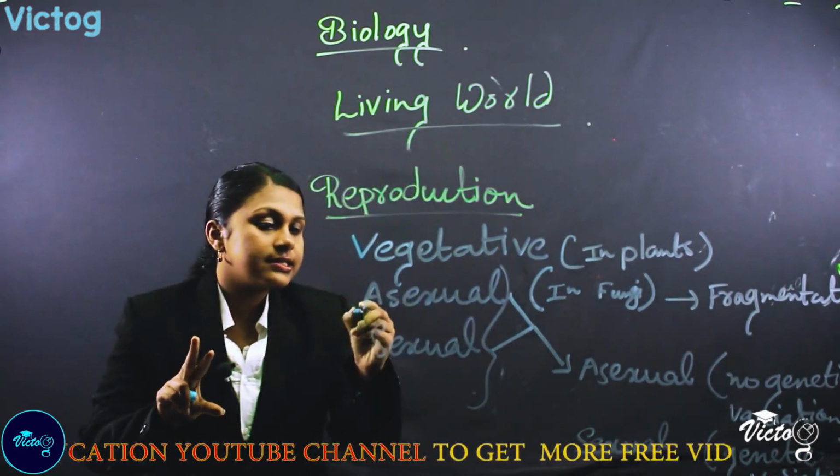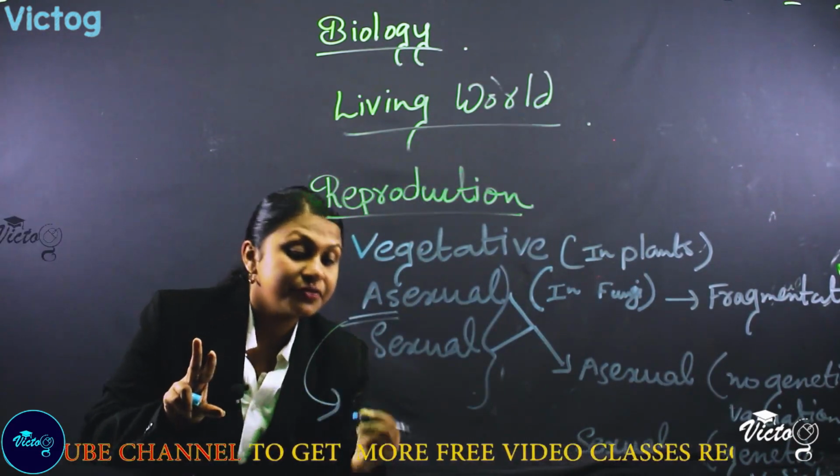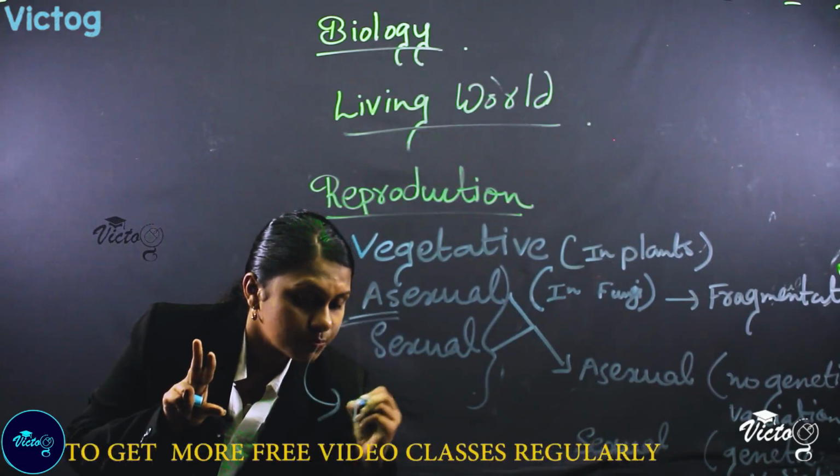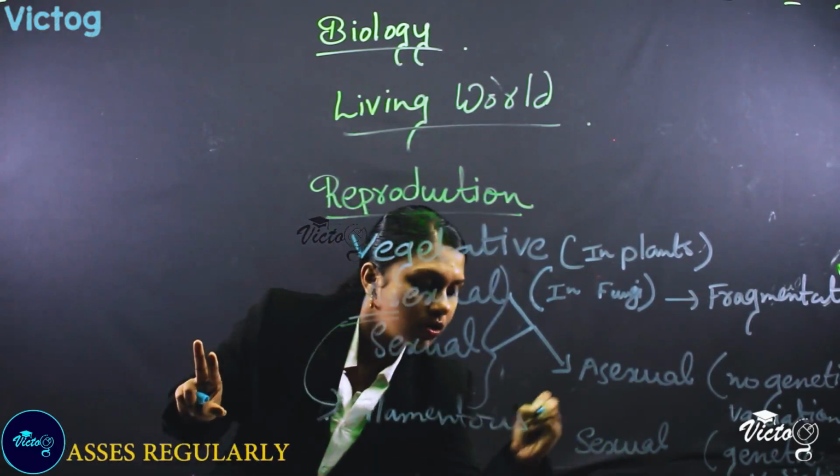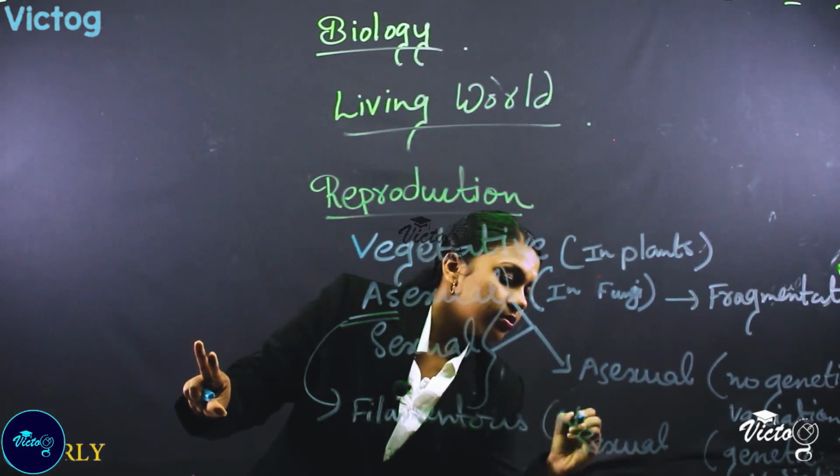Now in asexual reproduction, you have to remember the filamentous mode of reproduction in Nostoc.